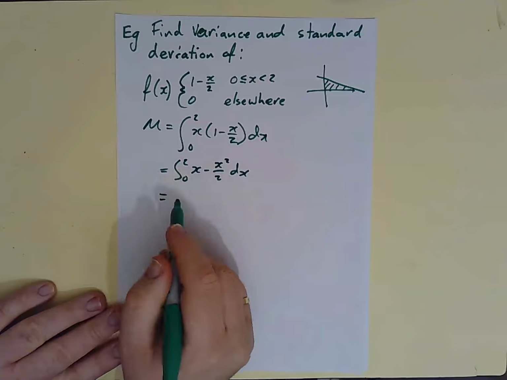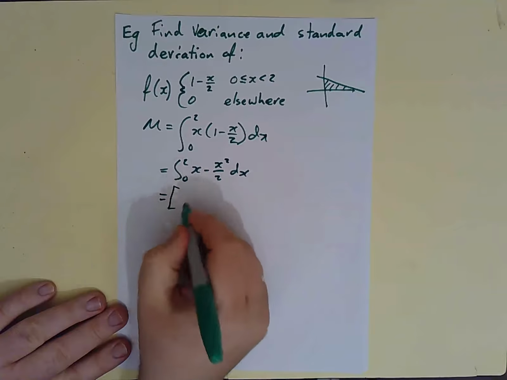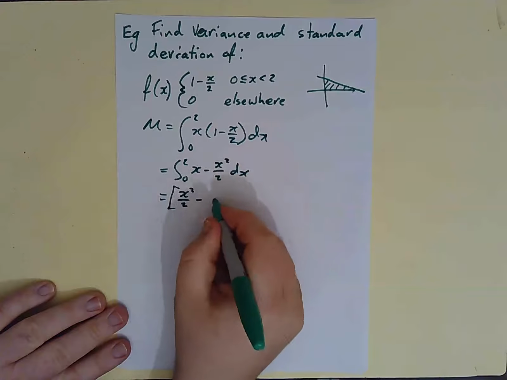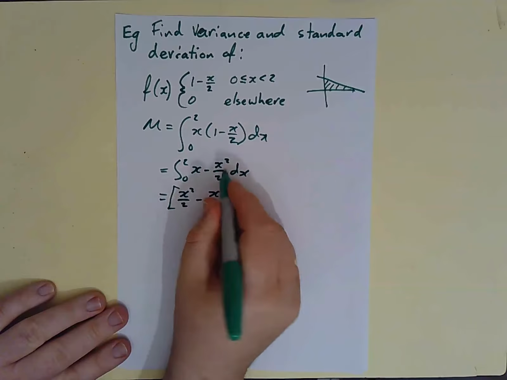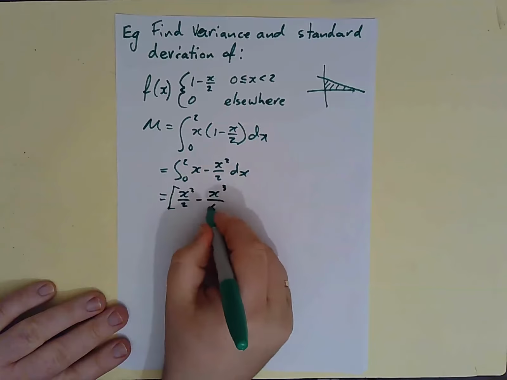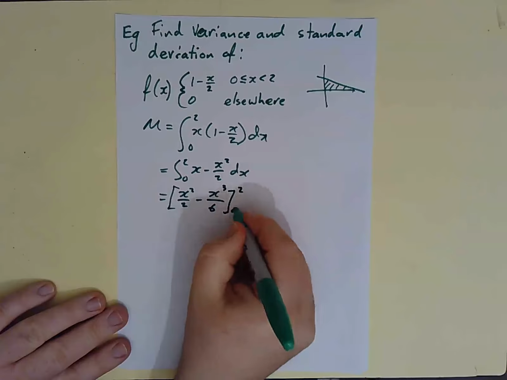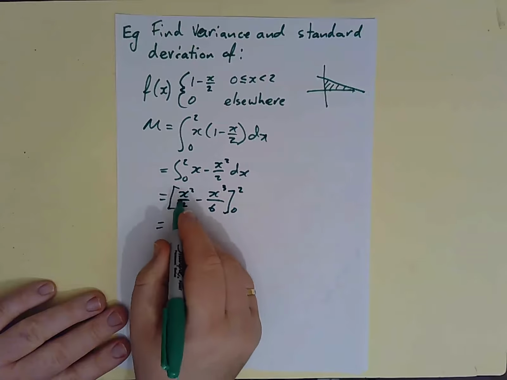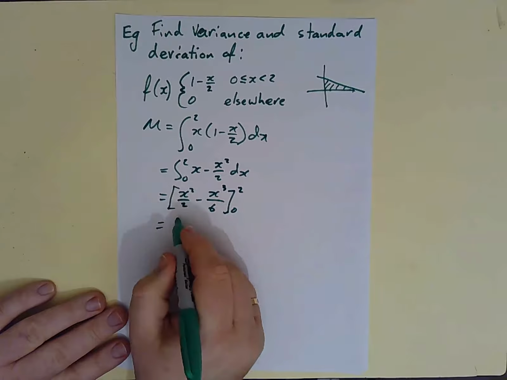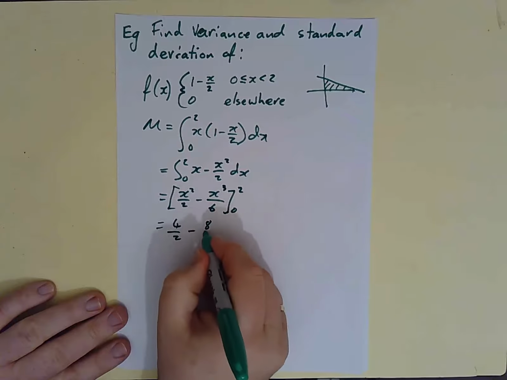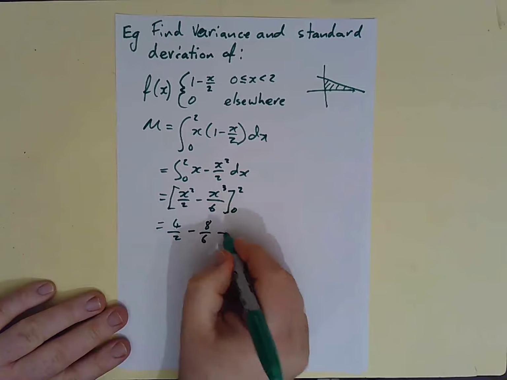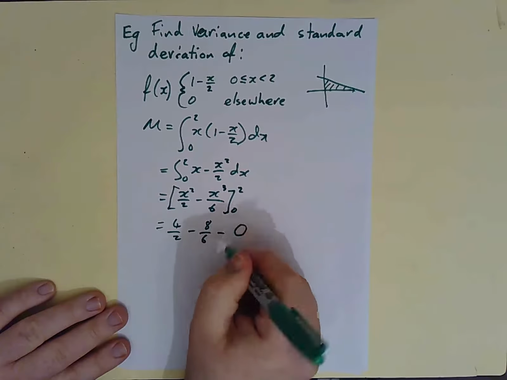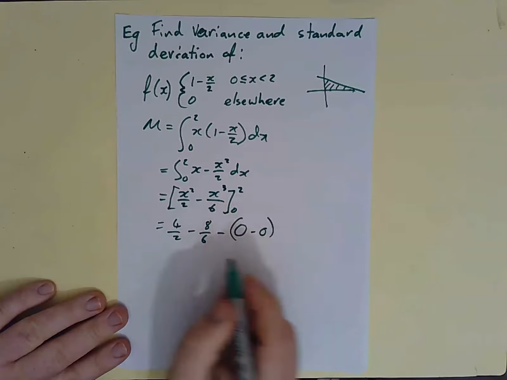So when I put this through my integral, I'm going to get x squared over 2 minus, that's going to become x to the 3 over 3, but I've already got a 2 there, over 6, between 2 and 0. Substituting our 2 in, I'm going to get 2 to the 4 over 2 minus 8 over 6 minus, and all that lot's going to be 0.